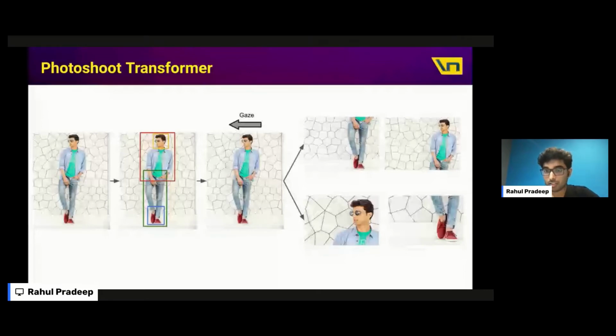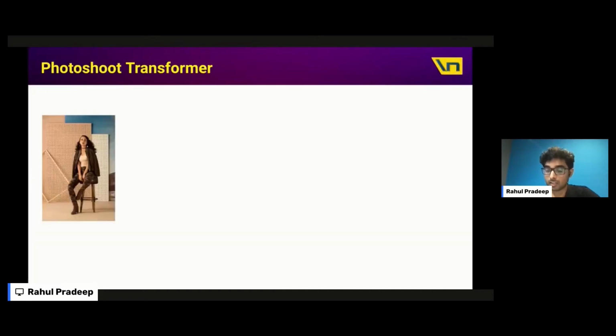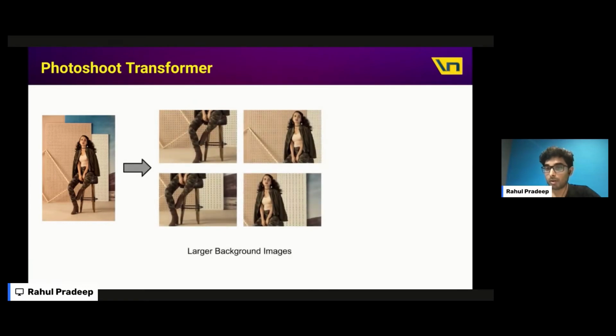So here, as you can see, one photoshoot image gave us four creatives, right? And there are other examples. In this case, the model has a neutral gaze, right? She's looking in the front, so here you could potentially create more background images extending to the left as well as to the right.